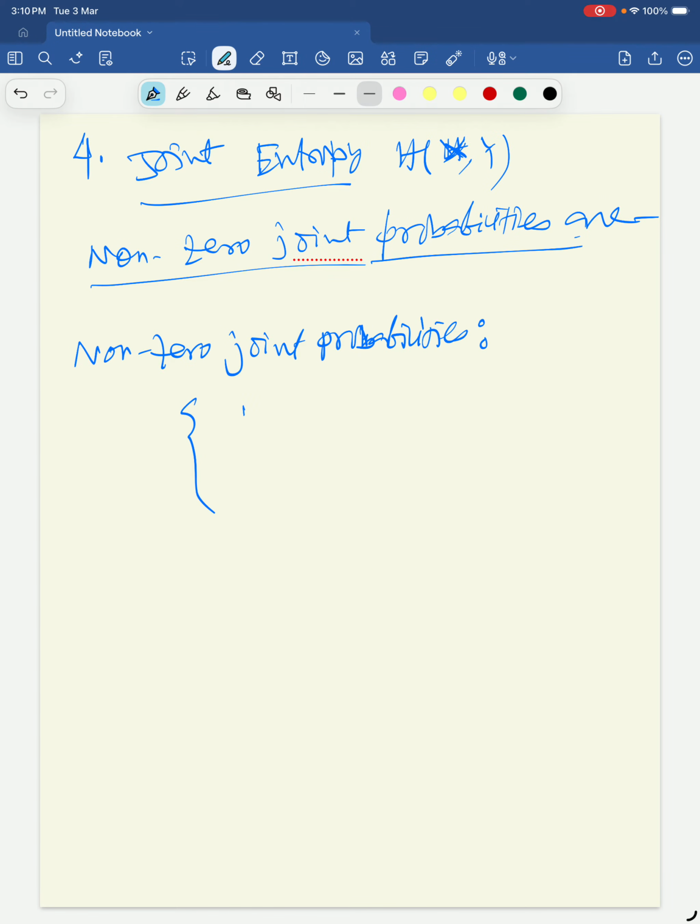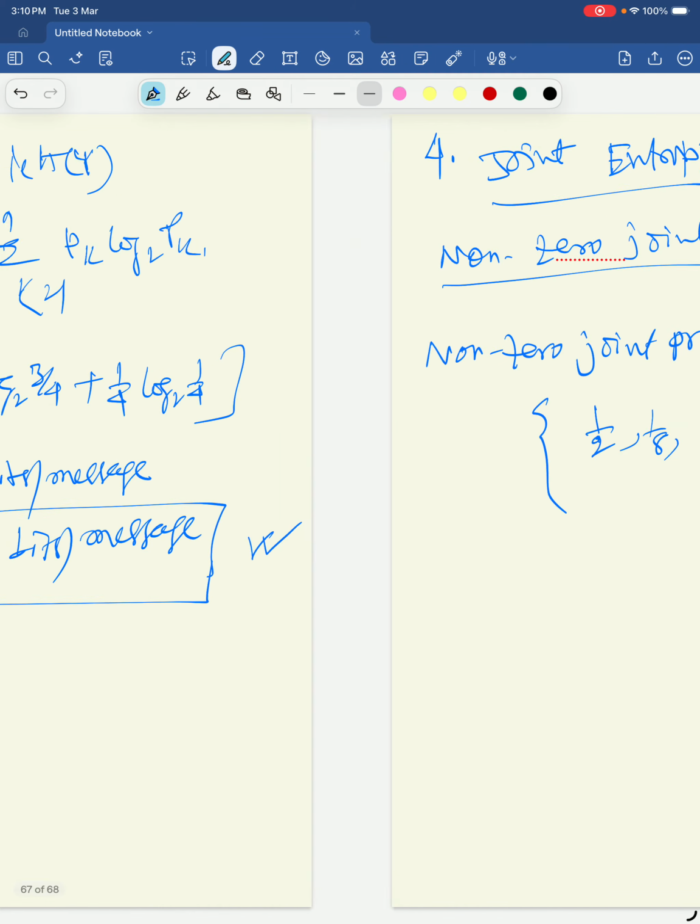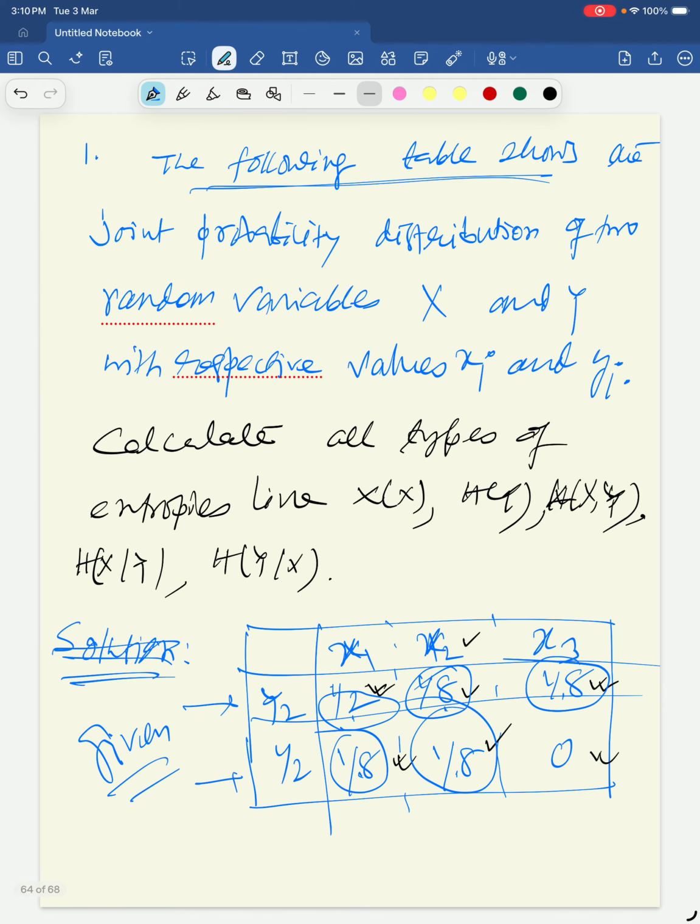So first is 1 by 2, then 1 by 8, 1 by 8, again 1 by 8, then 1 by 8. How many? 1, 2, 3, 4, 5.